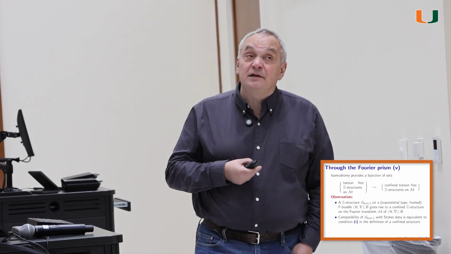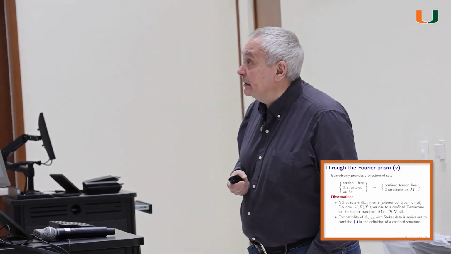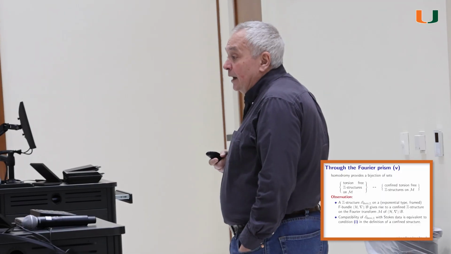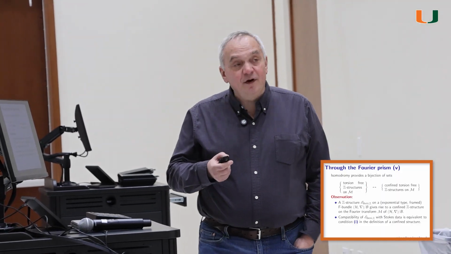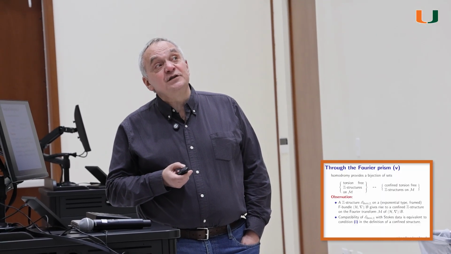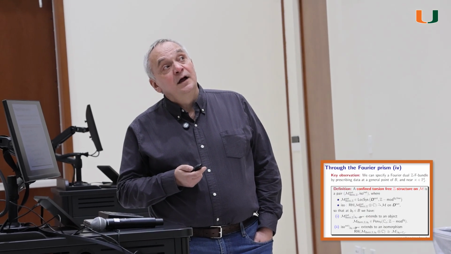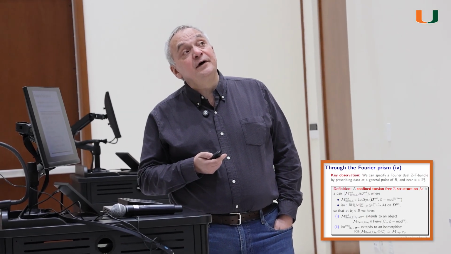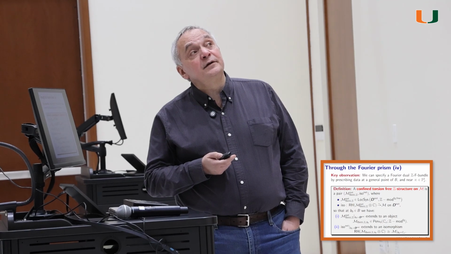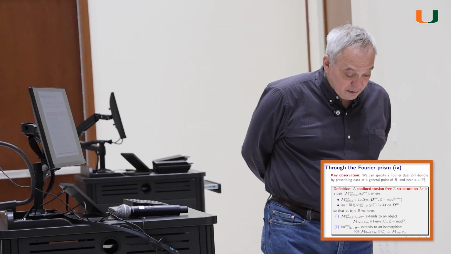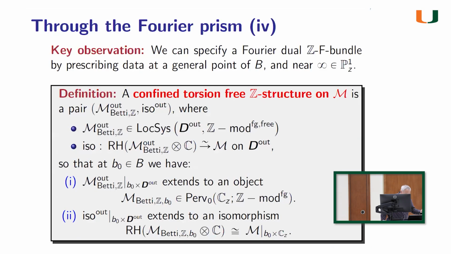Compatibility with Stokes data now can be formulated in the Fourier dual picture. And it's just equivalent to the first condition in the definition of the confined structure. The fact that the integral structure that you have specified near infinity extends to an integral structure on the whole line.